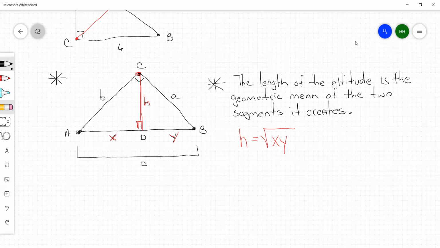All right, so watch. We're going to start by saying, do you see this whole side right here? Here's what's true about it. That c over b is equal to b over x.